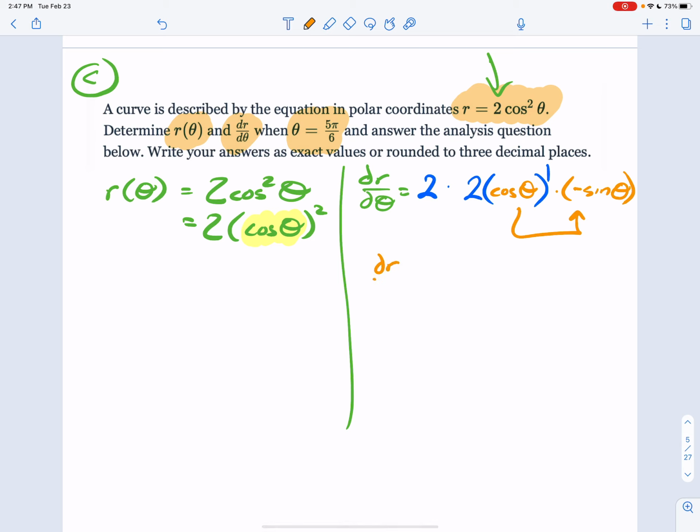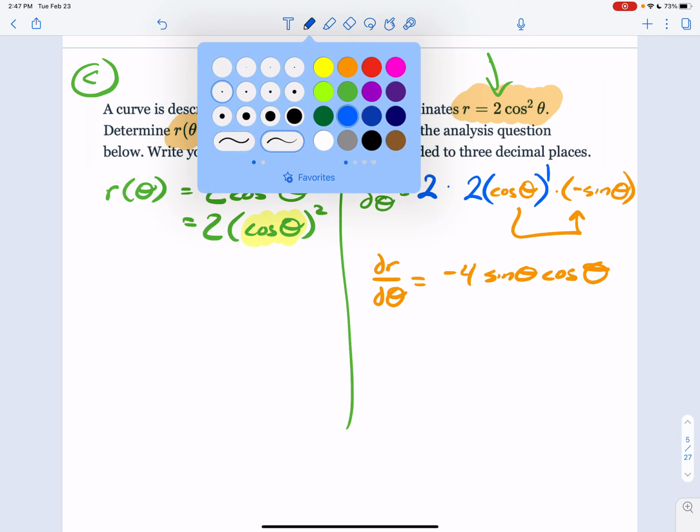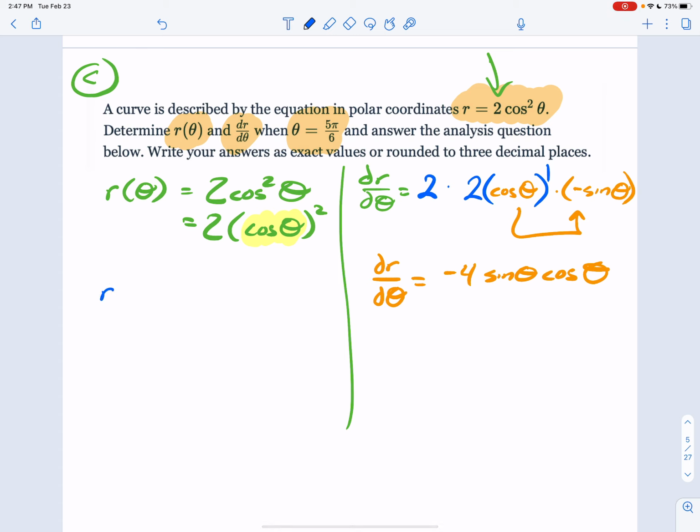So if I clean this up, I get dr d theta equals -4 sine theta cosine theta, or cosine theta sine theta, okay? So here we have both. Now we're going to evaluate them at 5 pi over 6. So this is the cosine of 5 pi over 6 squared.